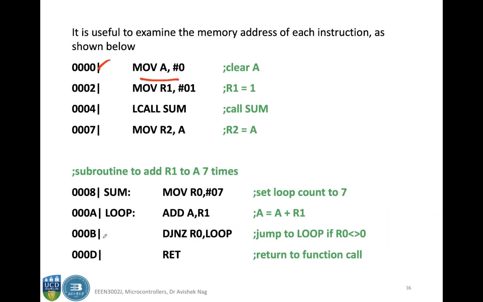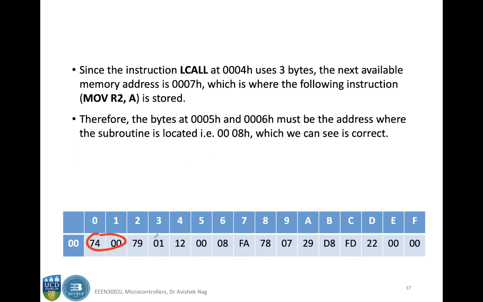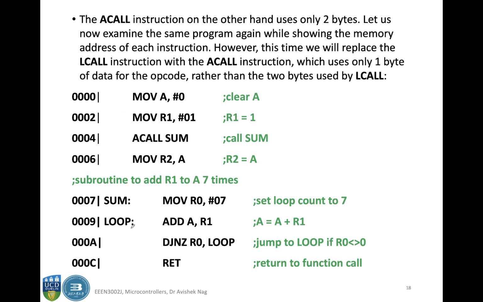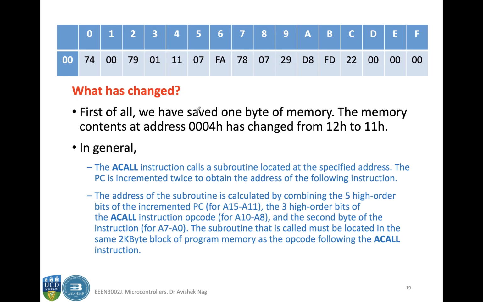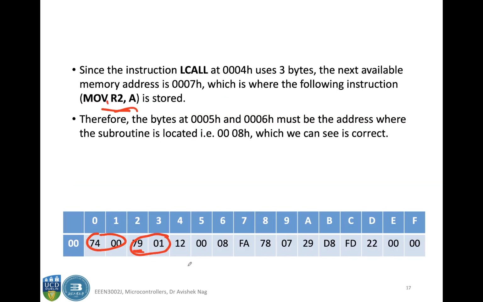The next instruction starts from 0002, and this is also a 2-byte instruction. So the next 2 bytes are this. Sorry, the opcode for MOV R1 is 79, and this is the data that follows.